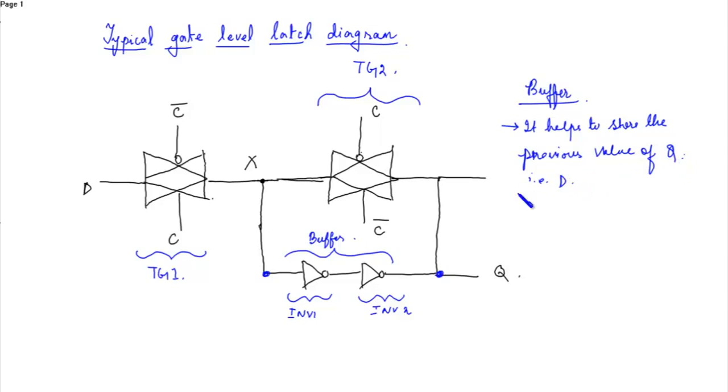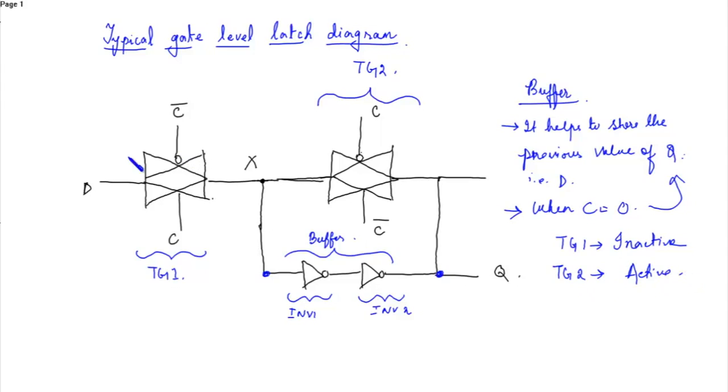So this value is needed when C is equal to 0, because when C is equal to 0, transmission gate 1 is inactive and transmission gate 2 is active. So this input D does not pass to the output.